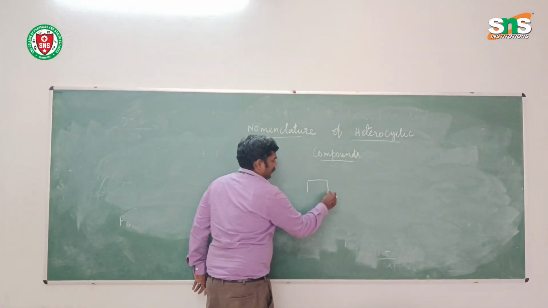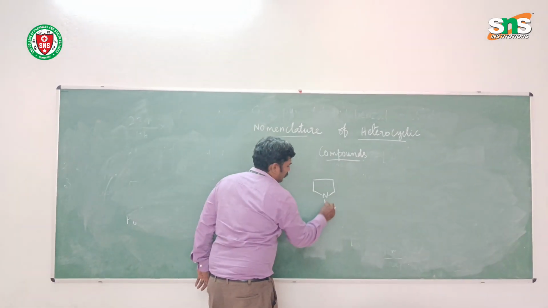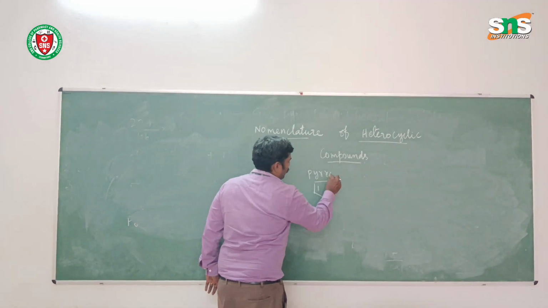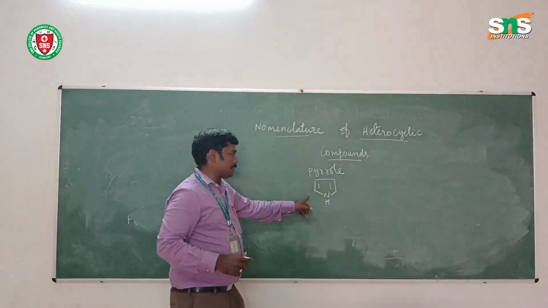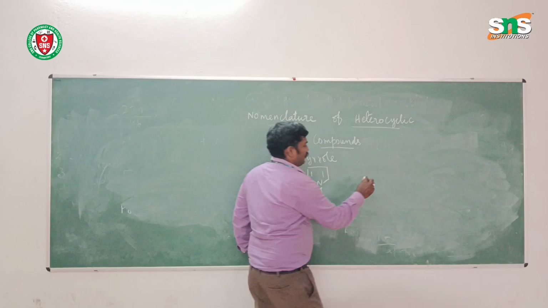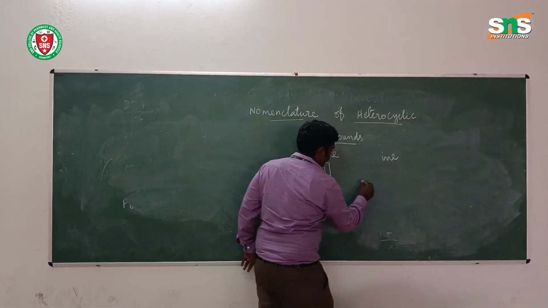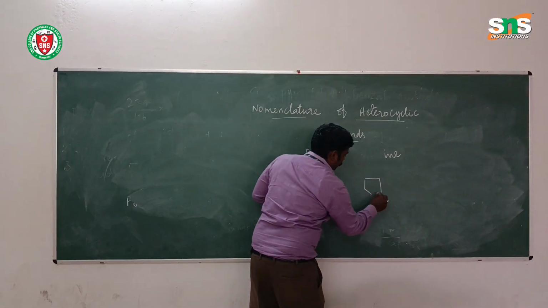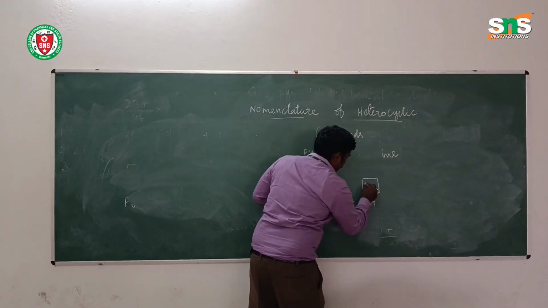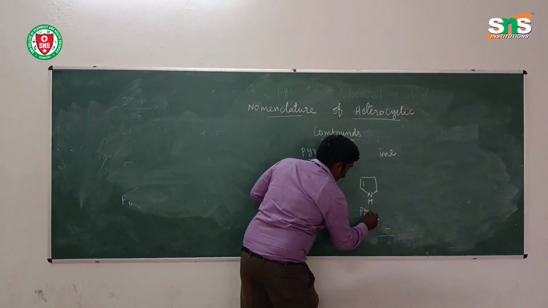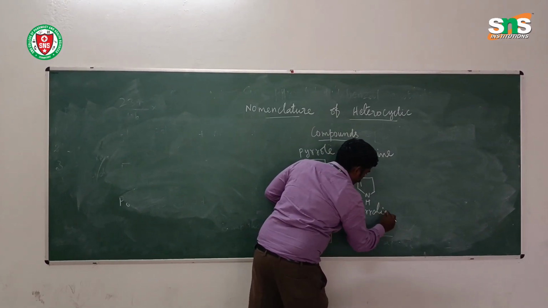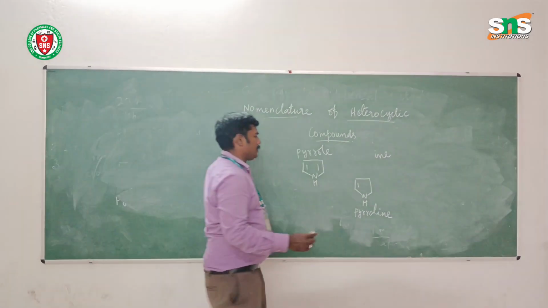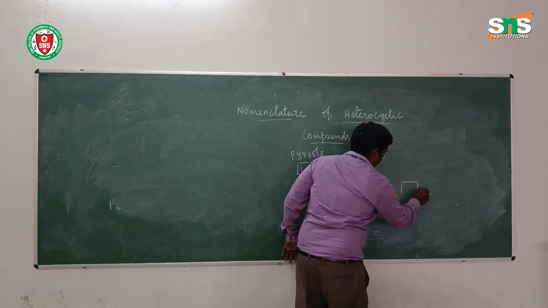See, in the case of a 5-member ring, here I have drawn the structure of pyrrole. If one of the bonds becomes saturated, then it will end with the suffix INE. So here I have drawn the picture of pyrrole. If one of the bonds becomes saturated, it is called pyrroline. If both the bonds become saturated, then it is called pyrrolidine.